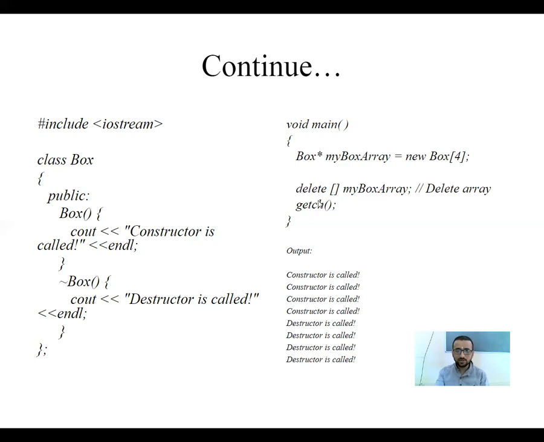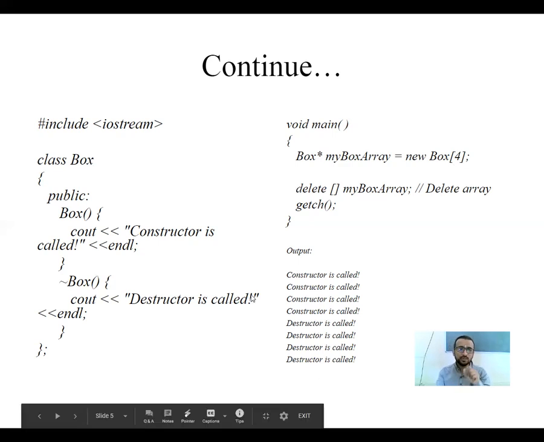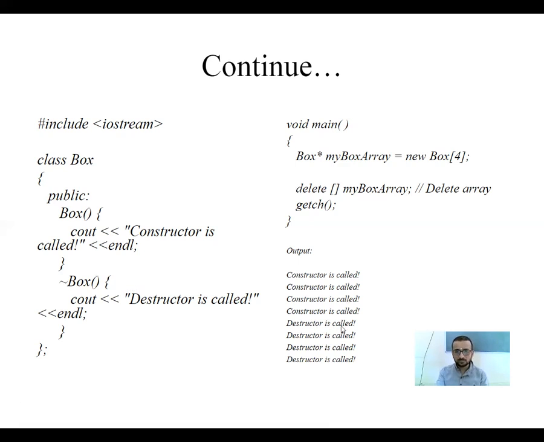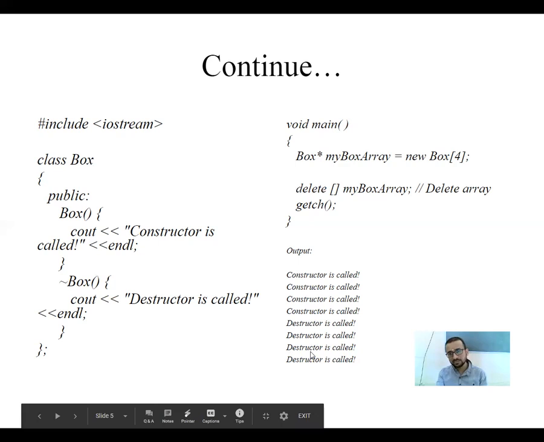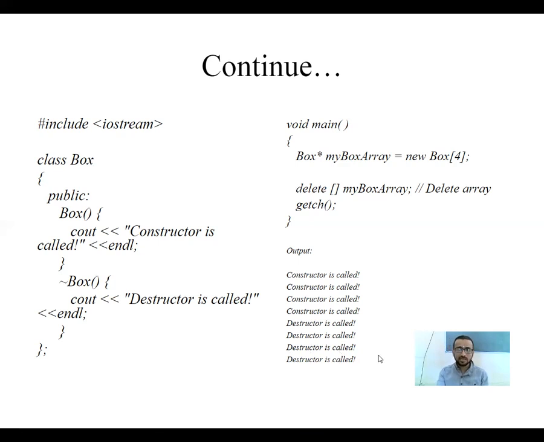So how is it going to display the message? Obviously, every object that I have created, the 4 objects, is going to be deleted. For the first element, the message is displayed that the destructor is called. Then for the second element, the destructor is called. Then for the third element, again it displays the message that the destructor is called.